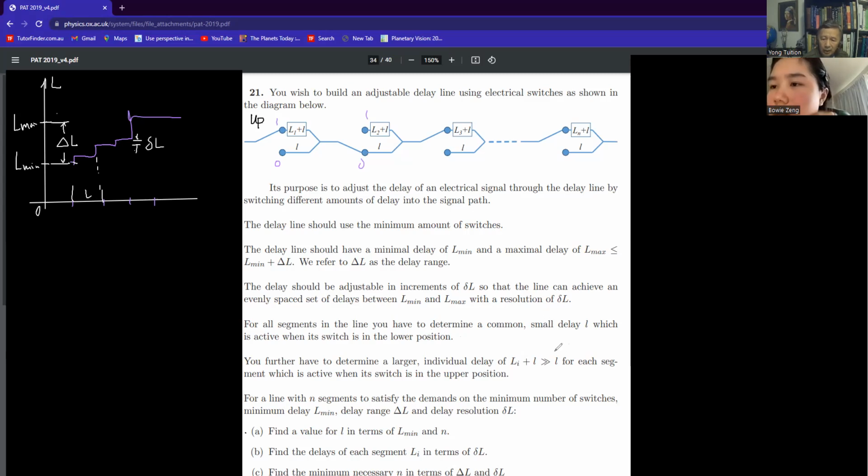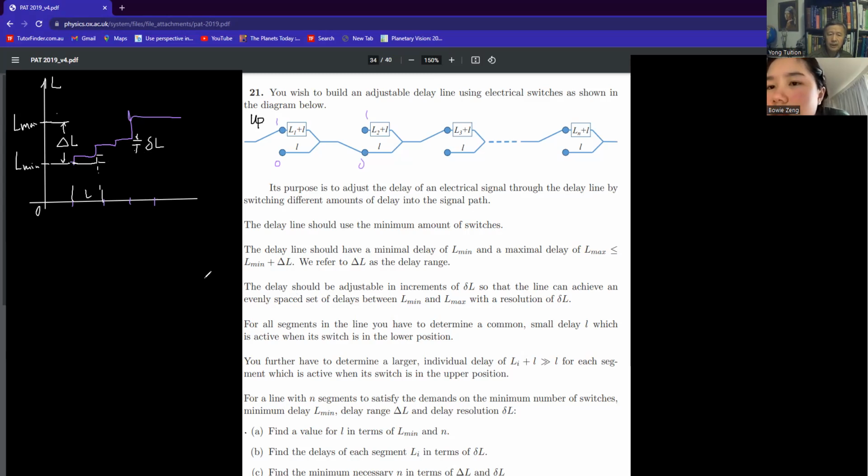What is the constraint for the L? Because you say every time you add, at least you can add the L, do you agree? Can we enlarge that one? However, I think this L, this increment, is still larger than this constraint, the resolution.